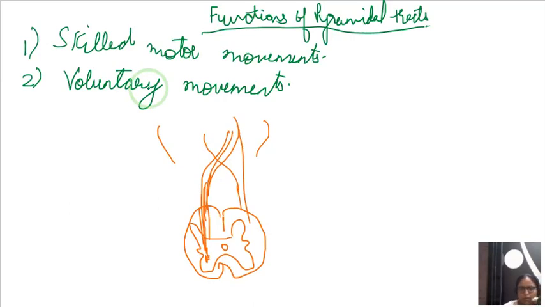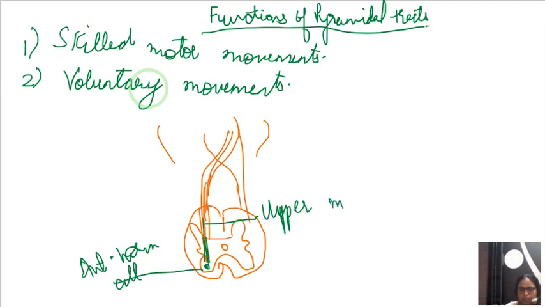Yes. See, up to the anterior horn cell. This is your anterior horn cell. Up to here, if there is any lesion in the tracts, it will be an upper motor neuron lesion. And if I talk about the lower motor neuron, what is that?